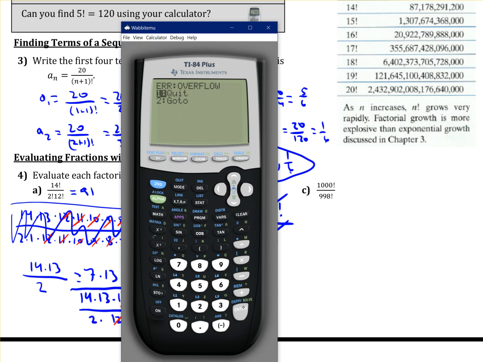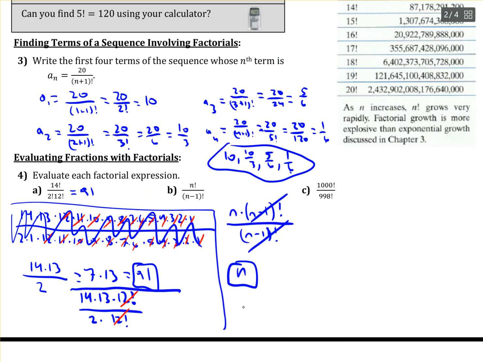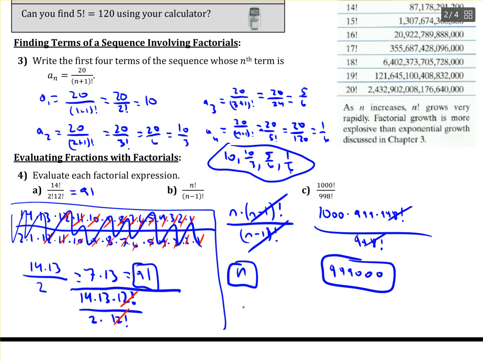Or the calculations involve too big of a number because our calculator is not very bright. However, if we come over here, we can see, oh, this is 1,000 times 999 times 998, and it keeps on going from there. And so I just break it up that way, and I get 999,000, which is a big number, but not so big our calculator shouldn't be able to handle it. But our calculator is not smart enough to do that.